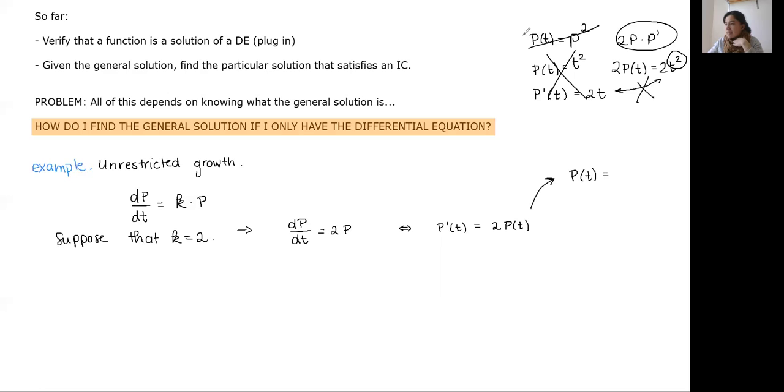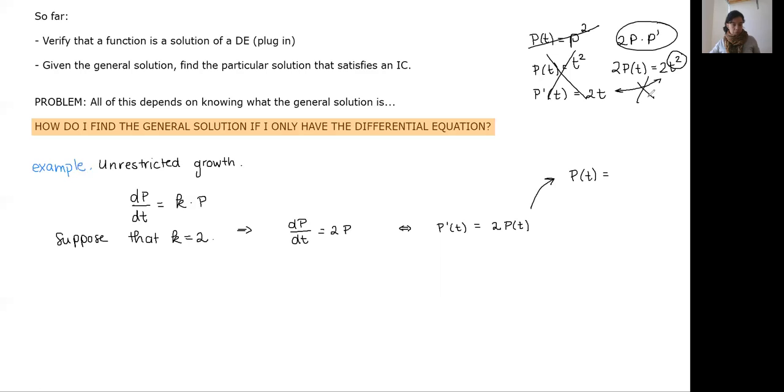Let me redirect the way that you're thinking. Maybe, what is a function whose derivative is the same as the original function? A function whose derivative is the same as the original function. Yes, Barca.